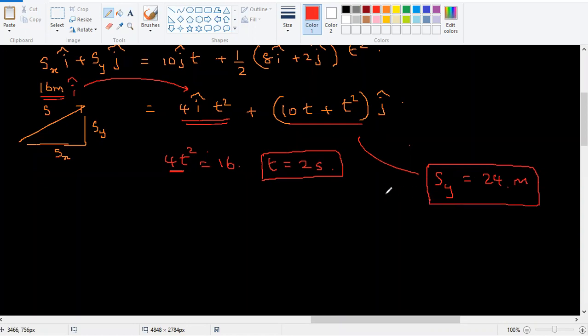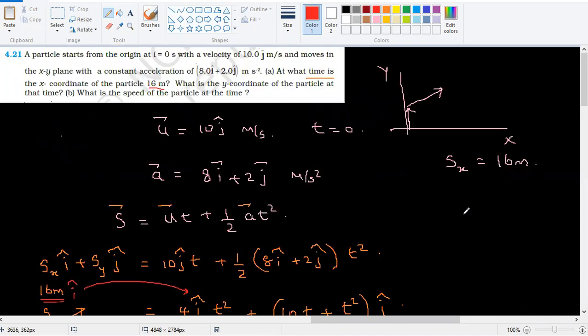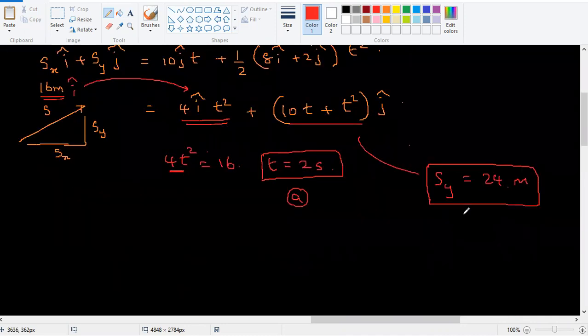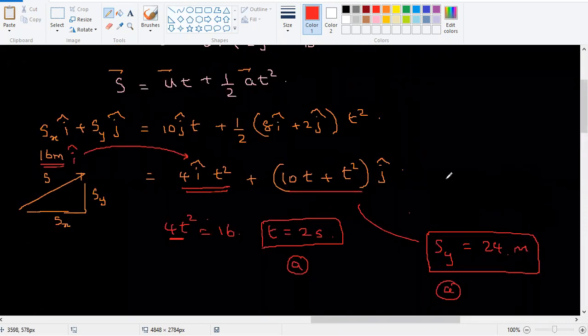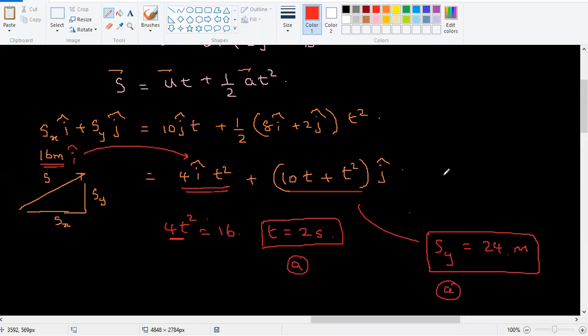Everyone getting that? Anybody not following? Any questions? We calculated the time t is equal to 2 seconds, so if I substitute here, I will get the y coordinate.